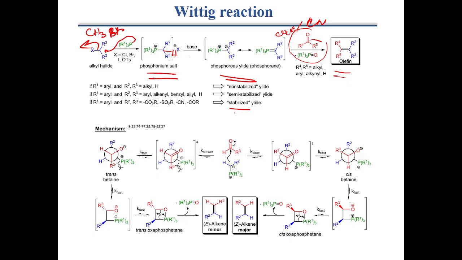So what is the mechanism in this reaction? This ylide will attack the carbonyl center, giving two possibilities. One is cis orientation and one is trans orientation. If R3 and R2 are in cis orientation, in these cases R3 and R2 are trans orientation.